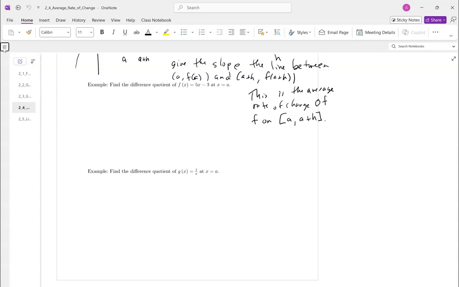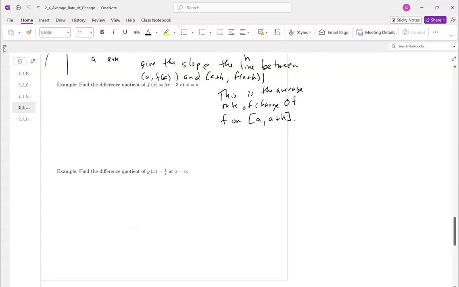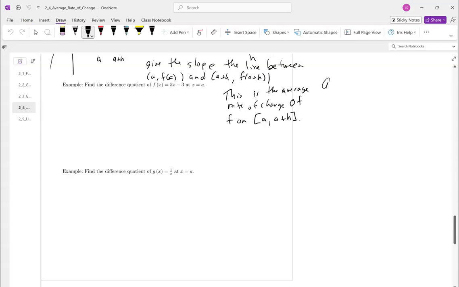All right, so remember last time we talked about how we find average change of a function. And just to remind, if I want to know the average change of a function on an interval, say the interval from A to B, how do we do that?